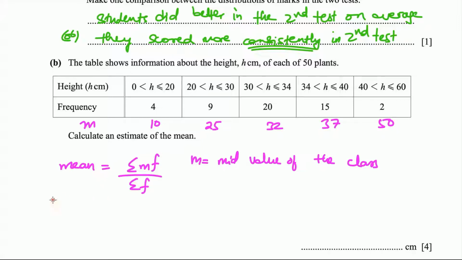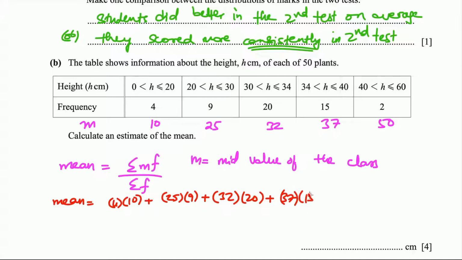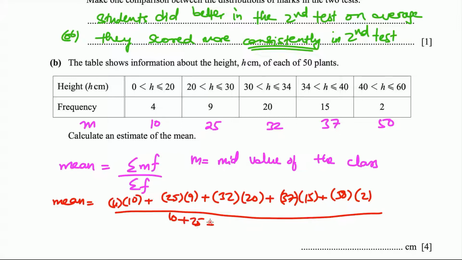So the mean would be equal to sigma m f: 4 into 10, plus 25 into 9, plus 32 into 20, plus 37 into 15, plus 50 into 2, divided by sigma f. Sorry, f, we are talking about frequency here.